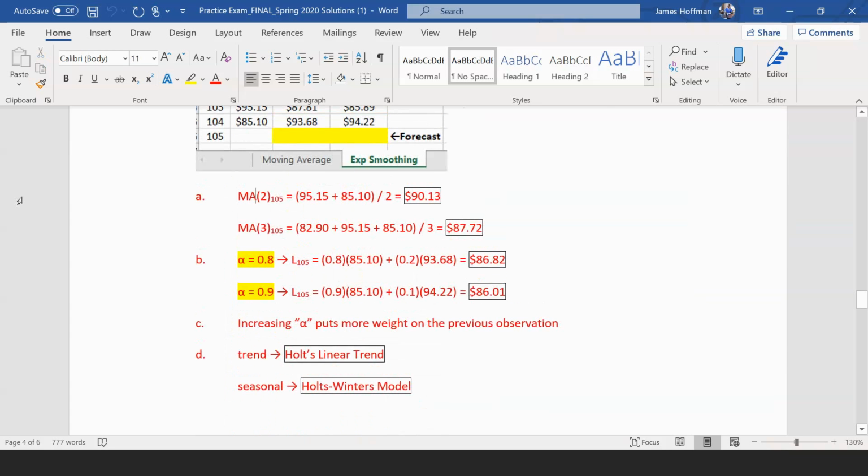So if you add those two together and take the average, which is just divide by 2, then you get a moving average of 2 for week 105, which comes out to $90.13.